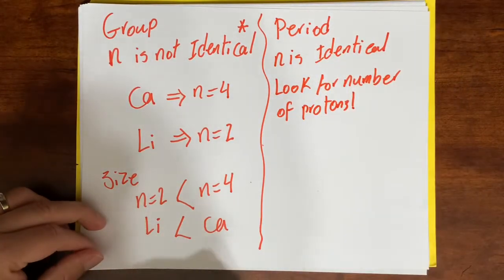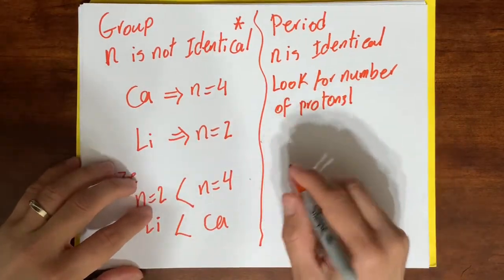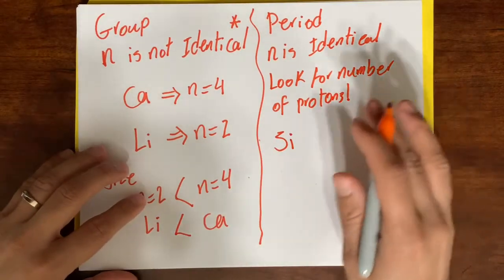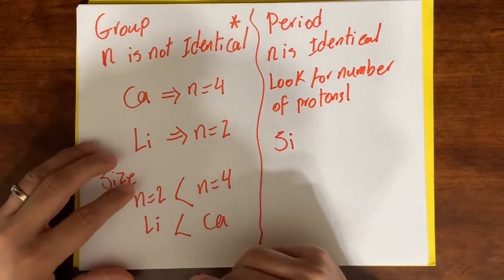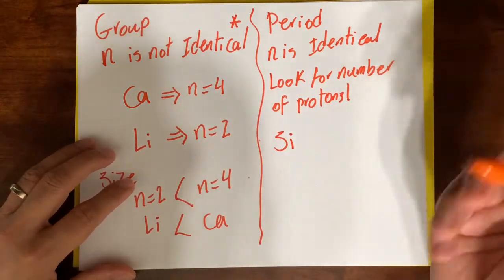Look at the number of protons. For example, we go with silicon versus, say, silicon versus which element? Chlorine.